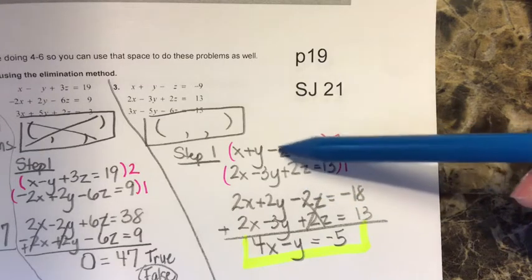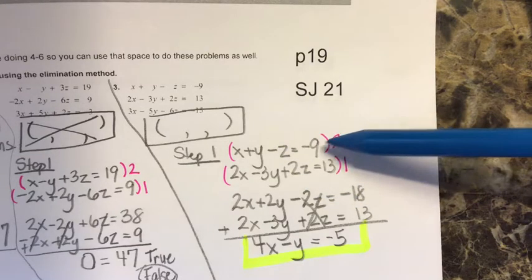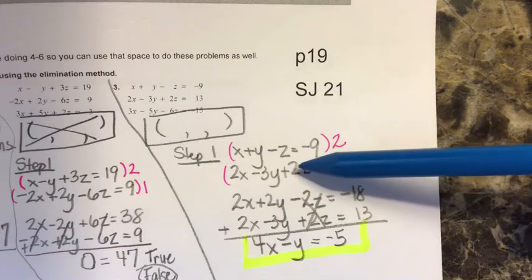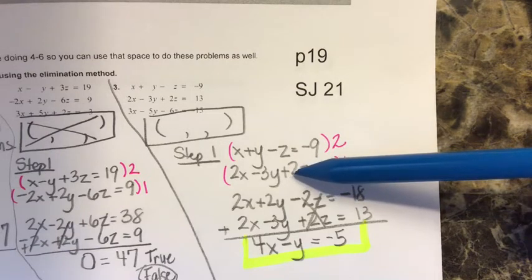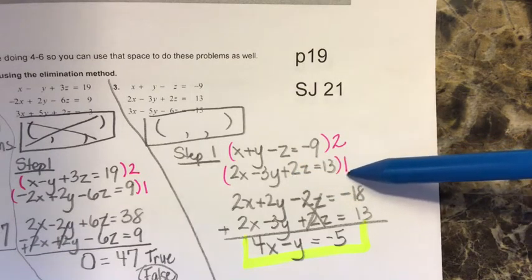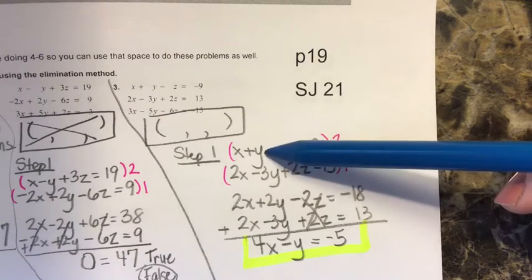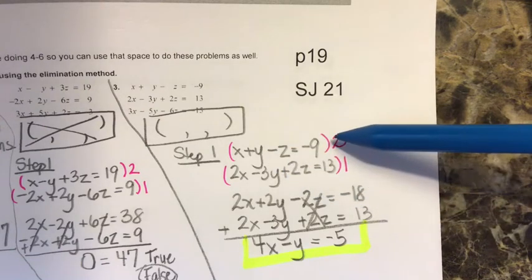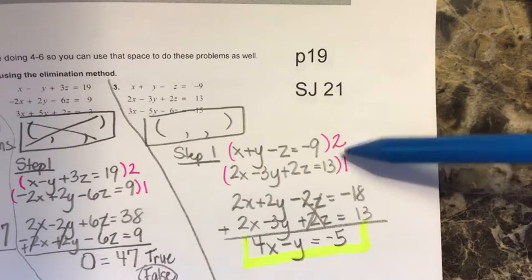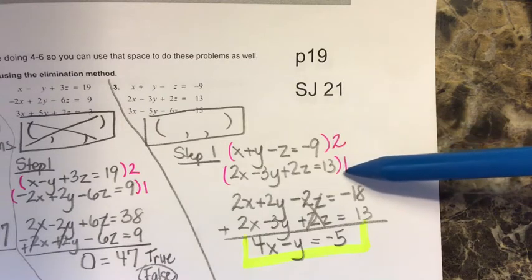To turn 1 into a 2, I multiply by 2. To keep 2, 2, I multiplied by 1. These are already opposites, therefore I do not need to make one of these negative.